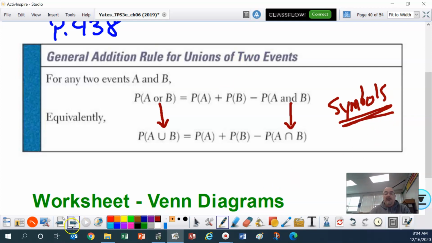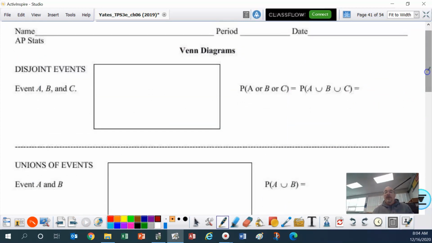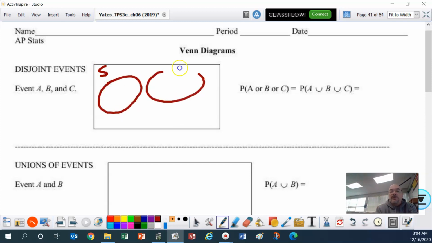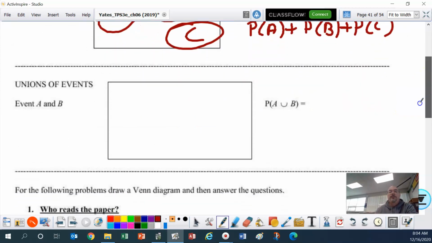We're going to look at the Venn diagram worksheet. Again, this is right above the video if you want to print it. Disjoint: this rectangle is representing our sample space. Disjoint events, or mutually exclusive events, means they do not overlap. That simply means we can add those events together if we're asked about a probability, because it's an OR situation.